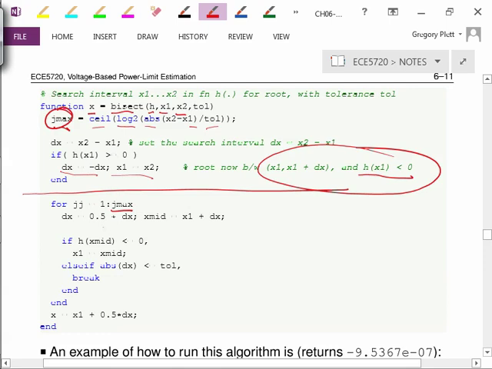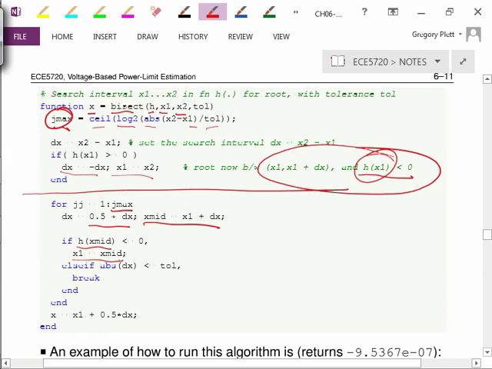I say this is my new dx halfway through, and x mid is x1 plus dx. And I say, is h of x mid less than or equal to 0? If so, remember h of x1 I want to be negative. So if the middle point is negative, then I replace x1 with the middle point.